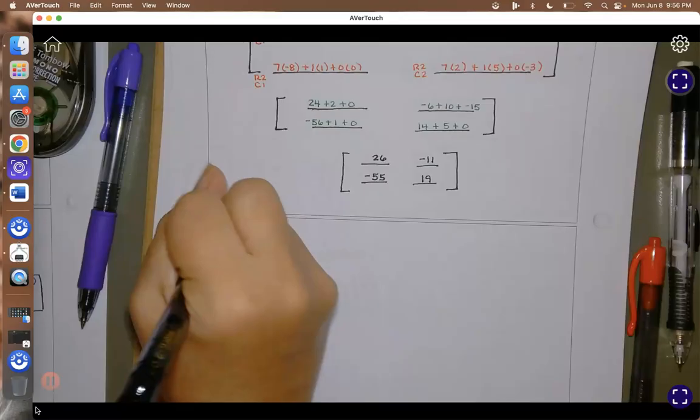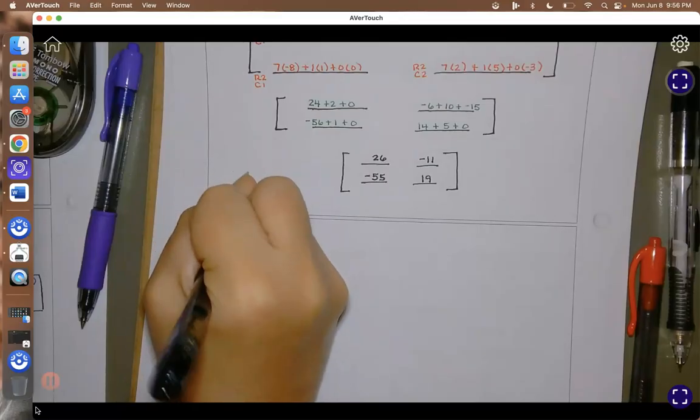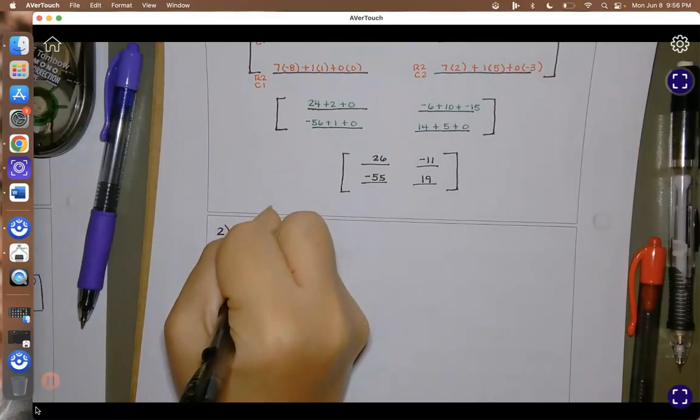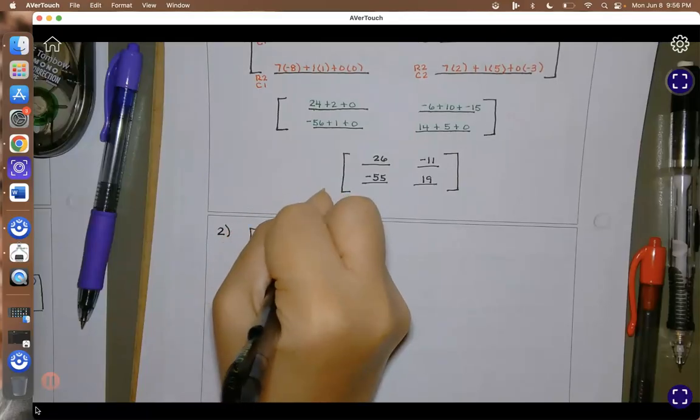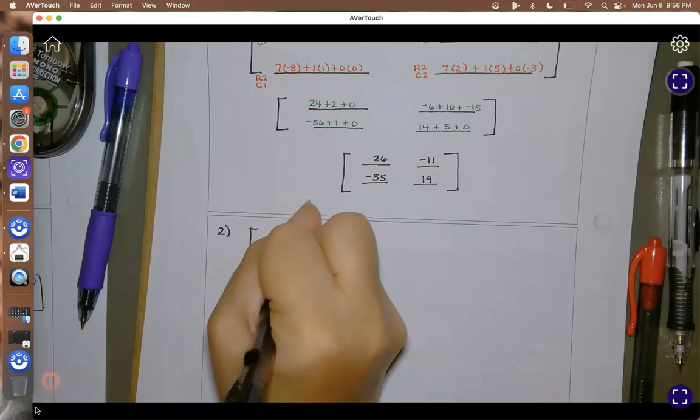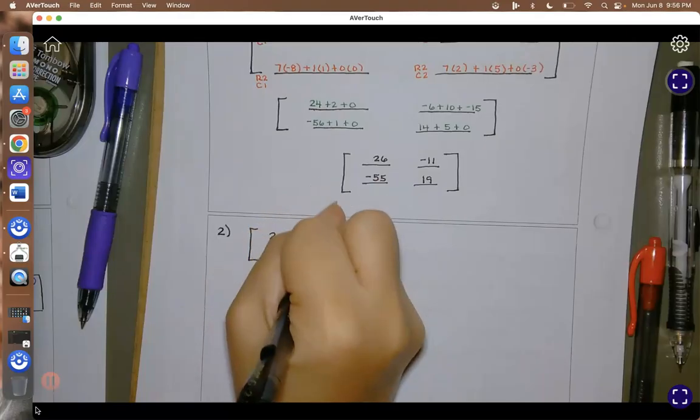All right. Problem 2. We have 2, -1 on the first row, 3, 4 on the second row.